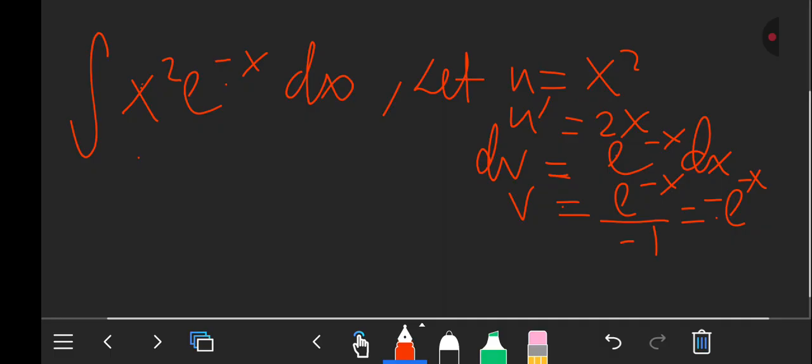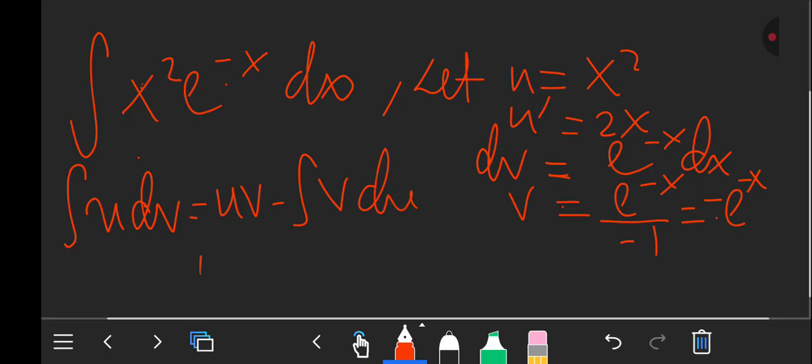Now I'll do the substitution in the formula which we have. When you are given the integral of u dv, you just say this is equal to uv minus the integral of v du. At this point I can do the substitution. This will be equal to, my u is x square, my v is negative e to the power negative x, like that.